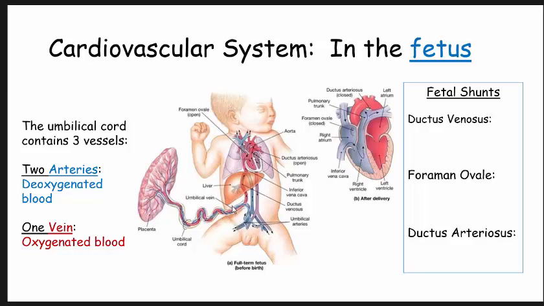The next shunt that we're going to talk about is the foramen ovale. So the foramen ovale is up here in the right atrium. In the fetus, blood is shunted right from the right atrium through that foramen into the left atrium, bypassing pretty much most of the lungs.